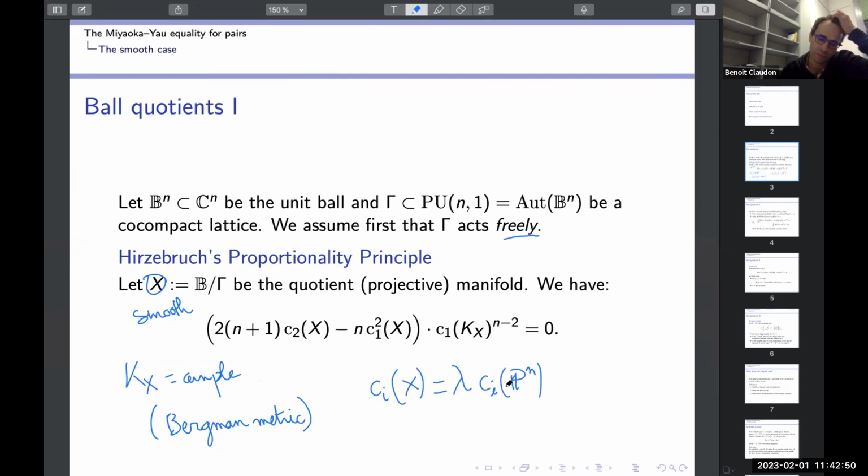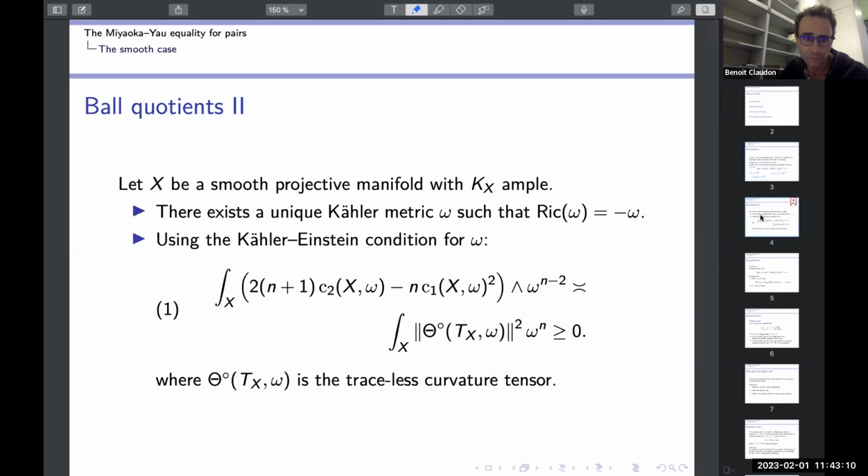And for P^n, we know the Chern classes very well, and it's very easy to check that this relation holds. And okay, so the magic of Kähler geometry is that we can go the other way around, and this is the numerical characterization given by essentially Aubin and Yau.